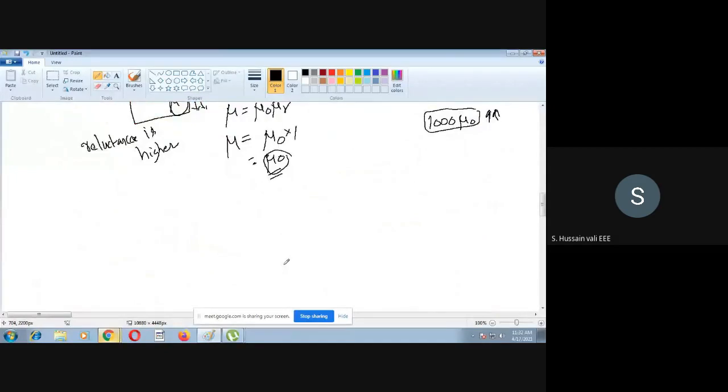Now we will see what the other points are. Next, I will write the second point about the core here: the relationship between MMF and flux is linear.